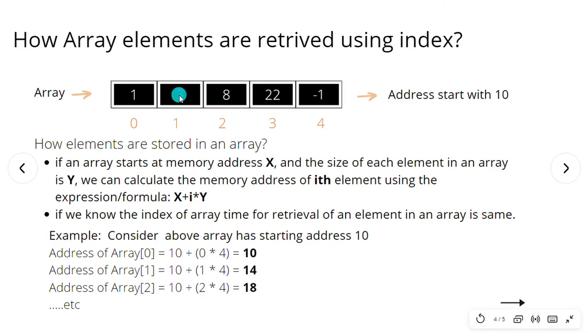If I want to retrieve the element at the 0th index, it will take the same time as retrieving the element at the 3rd index. No matter if the size is 100 and I want to retrieve the 100th index, it takes the same time as the 0th index.